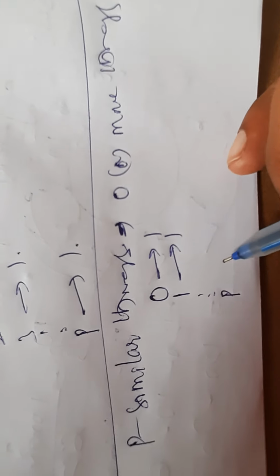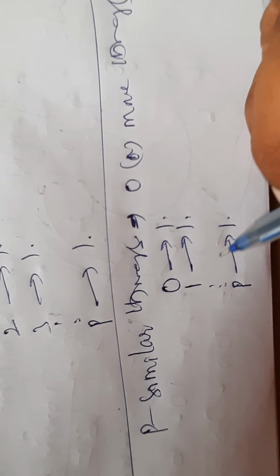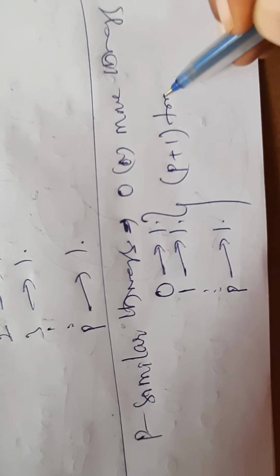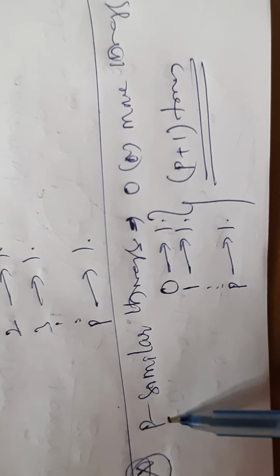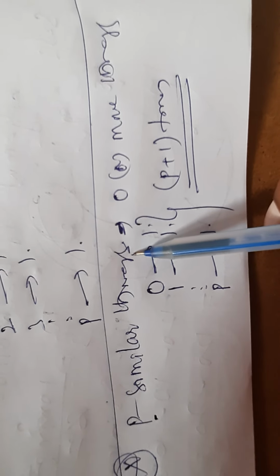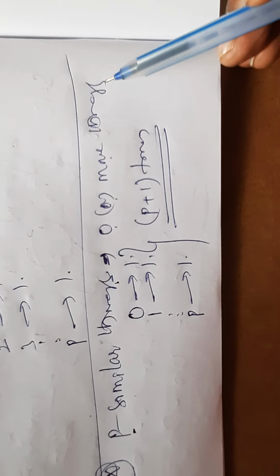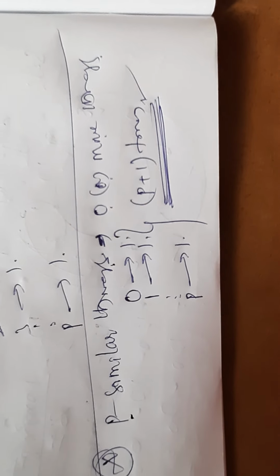Like that I can select p things, that is also one way. So 1 plus 1 plus 1, how many times did I get? p plus 1 times. So here is one important point: if p similar things are there, out of these p similar things, I can select 0 or more things in p plus 1 ways.